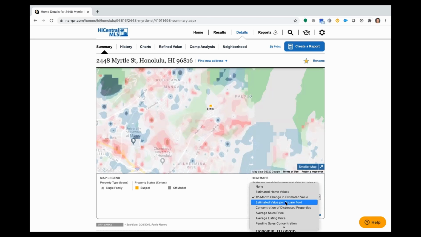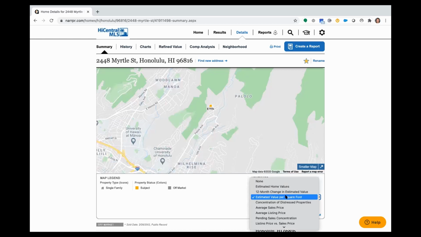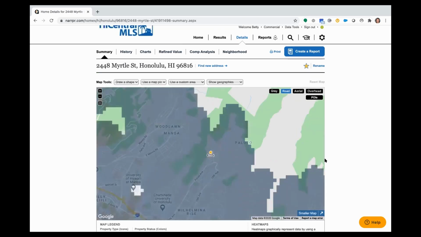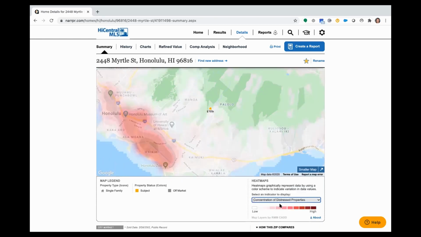You can take a look at price per square foot with property value. We do have concentration of distressed properties. So you're going to see that this is probably your estimated value price per square foot. You can look at concentration of distressed properties so you can see where those trends are on the island.